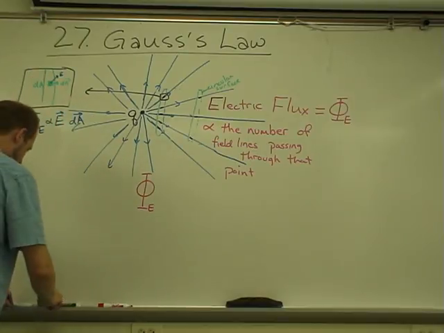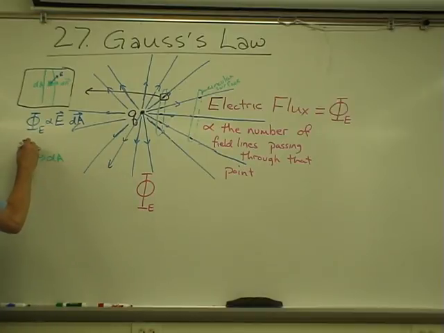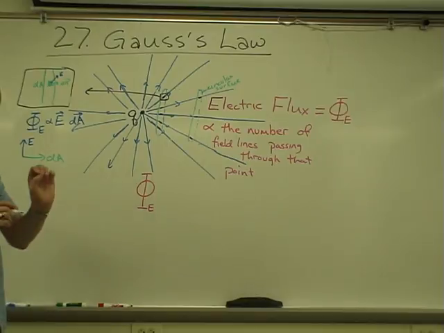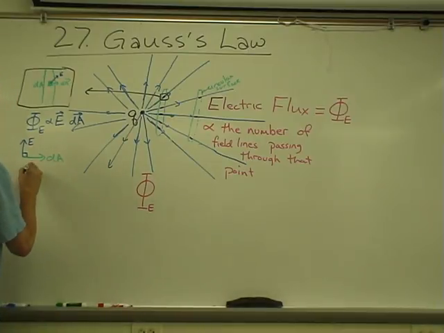because then I'd have the electric field at right angles to that little tiny differential piece of area, dA, and that means there is no electric field going through the surface, it's all going along the surface. So at this point, the flux would be 0.